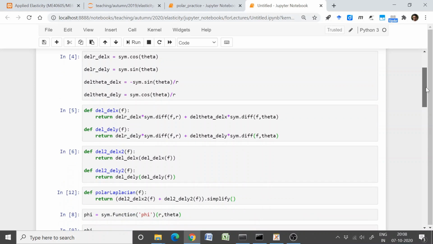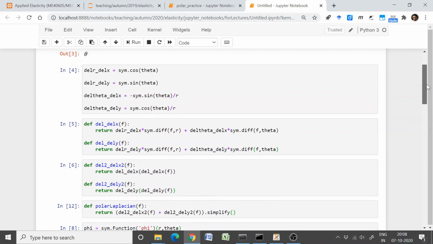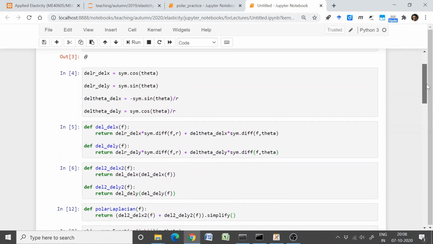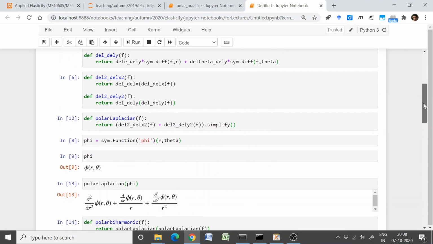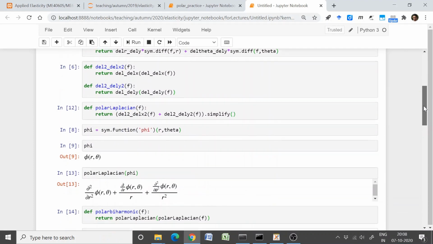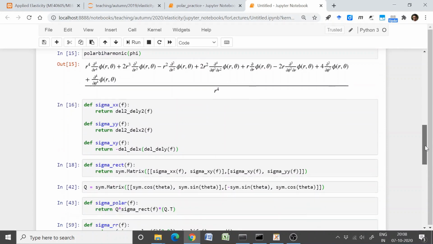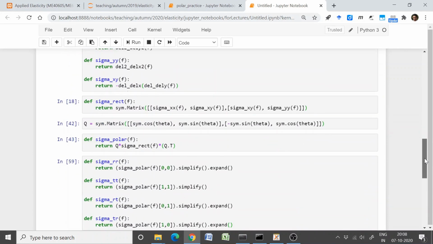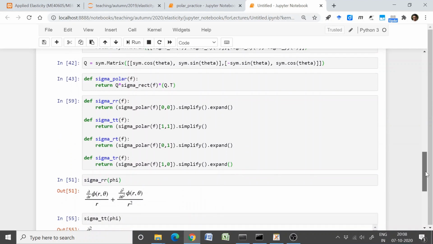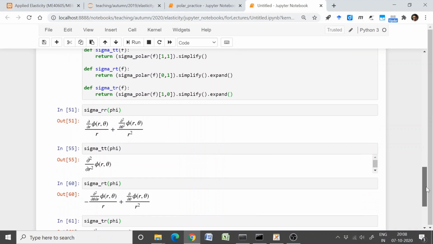Whenever we set up a new file for the solution of a new problem in the polar coordinate system, these basic definitions, where we have set up our polar Laplacian, the polar biharmonic, and the various stress definitions, will have to be set up again and again. Okay, and that can be quite a tedious job. Like in every new file, if you have to do that, it's not very convenient.